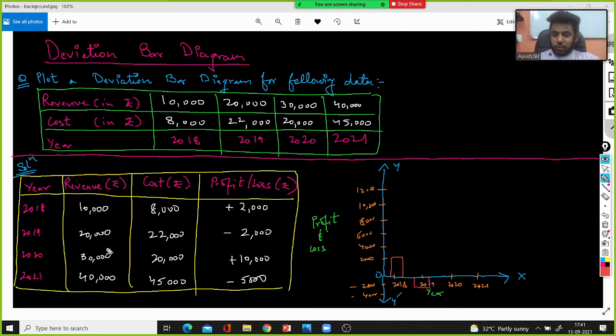For the year 2020 I earned a profit of whopping 10,000. For the year 2021 I earned a loss of 5,000, so I'm going to need more space in here. Y dash axis. Over here I'm going to take minus 6,000, so somewhere between 4 and 6 I'm going to take the gap.